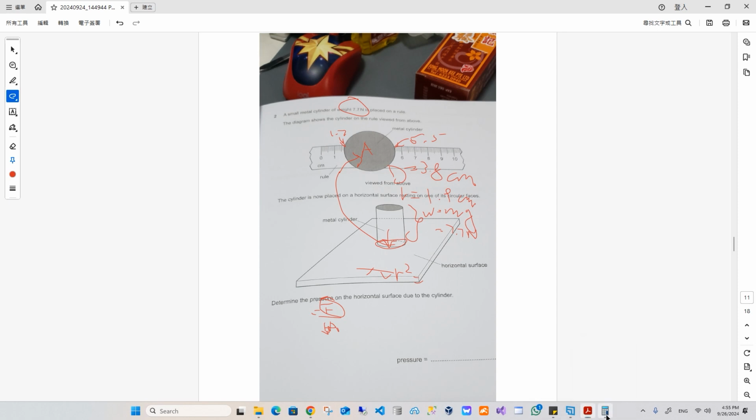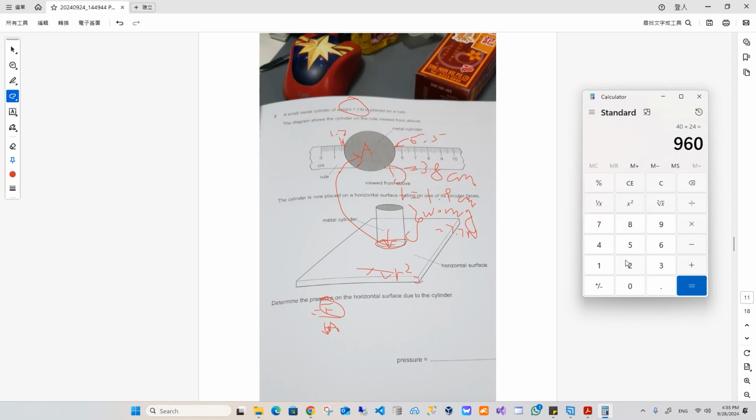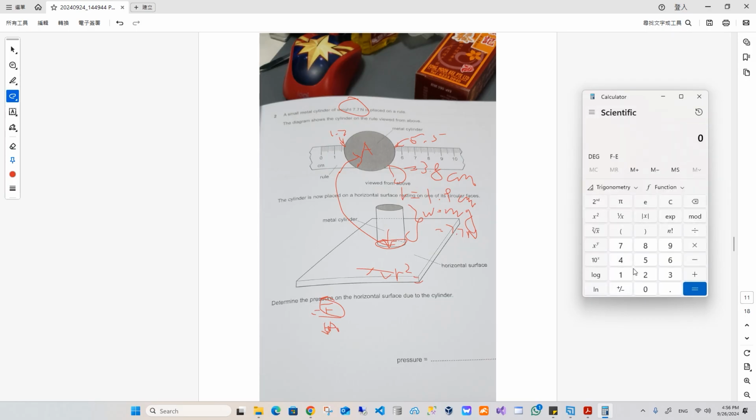Then you can use pressure in pascal. So 1.9 divided by 100, in meters, then square it, so r squared, times pi. This is the area.